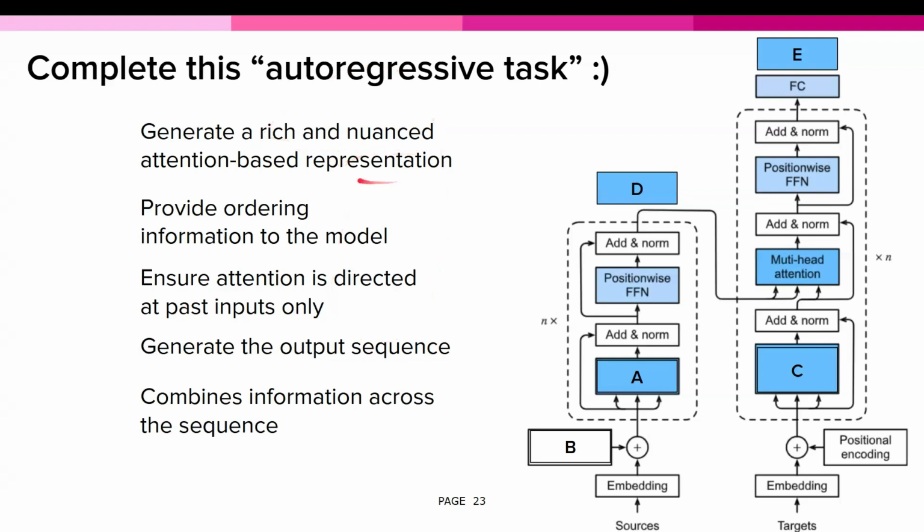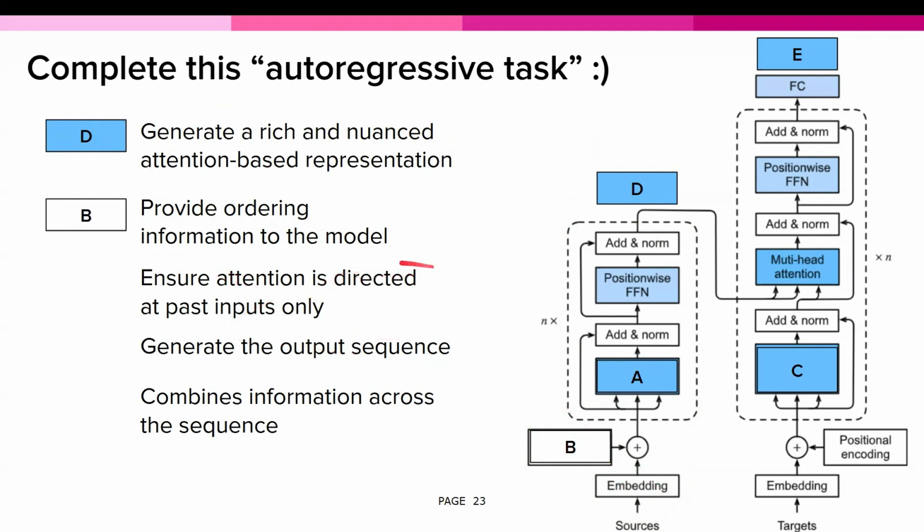Generate a rich and nuanced attention-based representation. That's the encoder's job. So that's D. Provide ordering information to the model. That's where we add to the word embedding, so that would be the positional embedding, B. Ensure attention is directed at past inputs only.